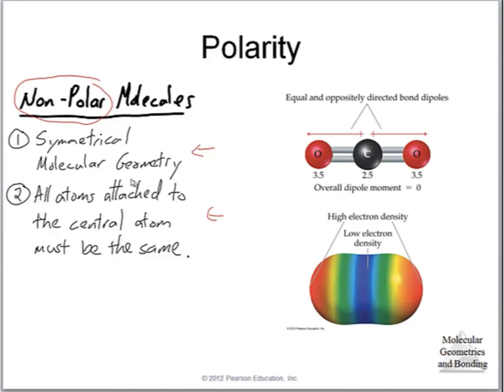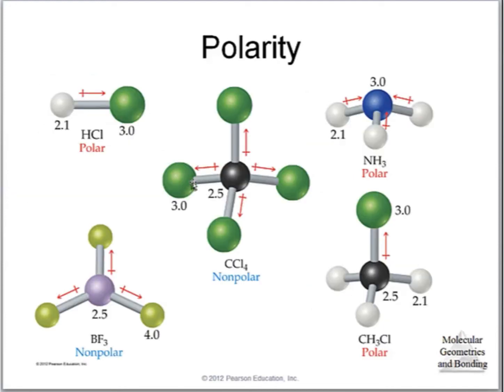So let's finish out some of these. I'm going to look at the big list here, and notice that the slides are already telling us what's polar and nonpolar. Let's walk through these.